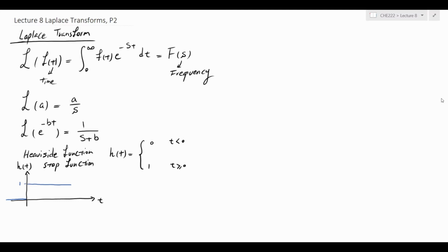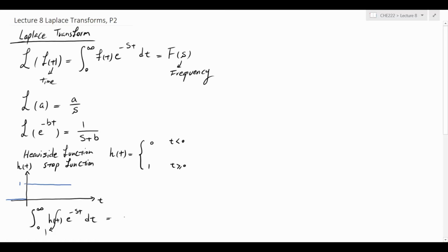If we use the definition of the Laplace transform and take the Laplace transform of the Heaviside function, it will be the integral from 0 to infinity of h(t) times e to the power of minus st dt. Because this integral is only concerned with positive values of t, the Heaviside function is 1, and in fact we are dealing with a constant function of 1.